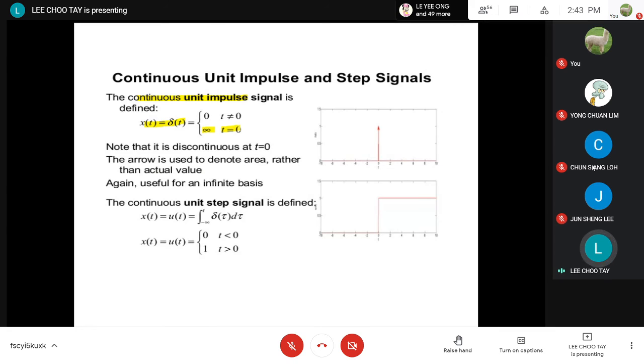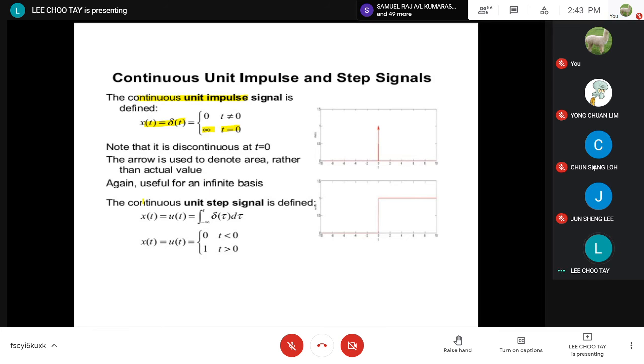You only have a unit impulse at t equals 0, and it is 0 for all other values of t. We normally use an arrow, and the area is 1. Because it is so narrow, the value is infinity.